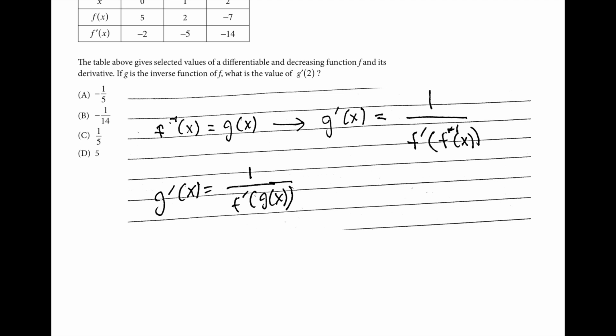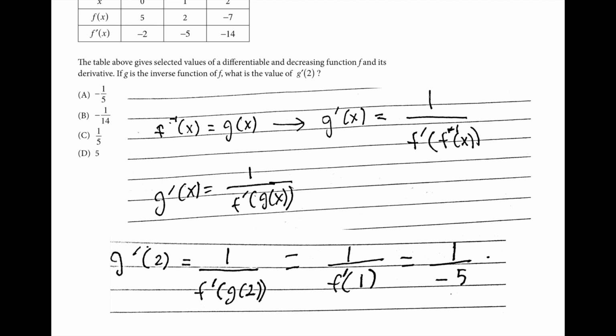They said that f inverse is g of x, so g prime of x equals 1 over f prime of f inverse of x. So to keep it similar to the question, g prime equals 1 over f prime of g of x. Now we need to find g prime of 2, so 1 over f prime of g of 2.